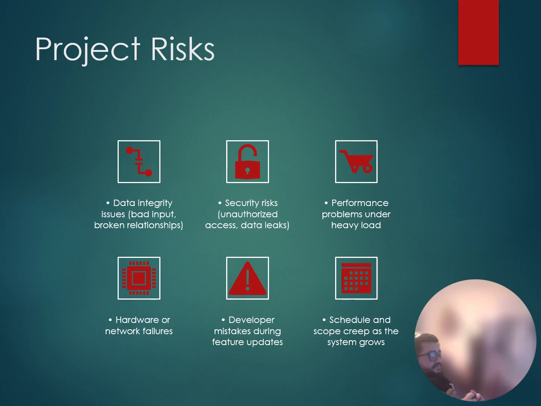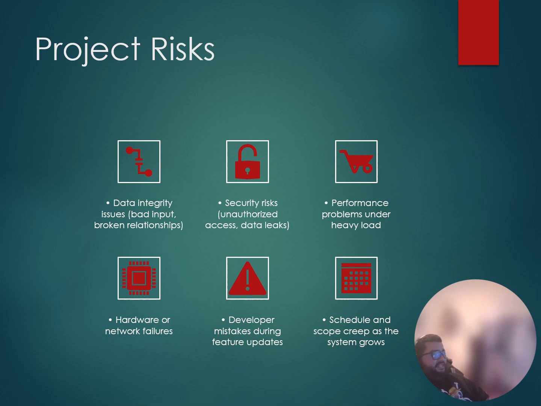So as far as the project risks go, for this program, essentially is data integrity, right? So that's our major risk, and you have security risk, unauthorized access or data leaks. Then we have hardware or performance issues, which are some of the major problems that we face when developing a program.